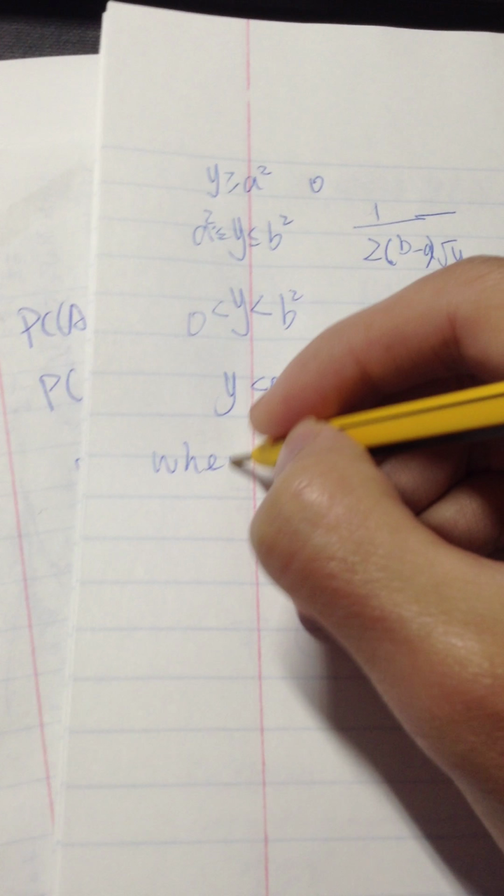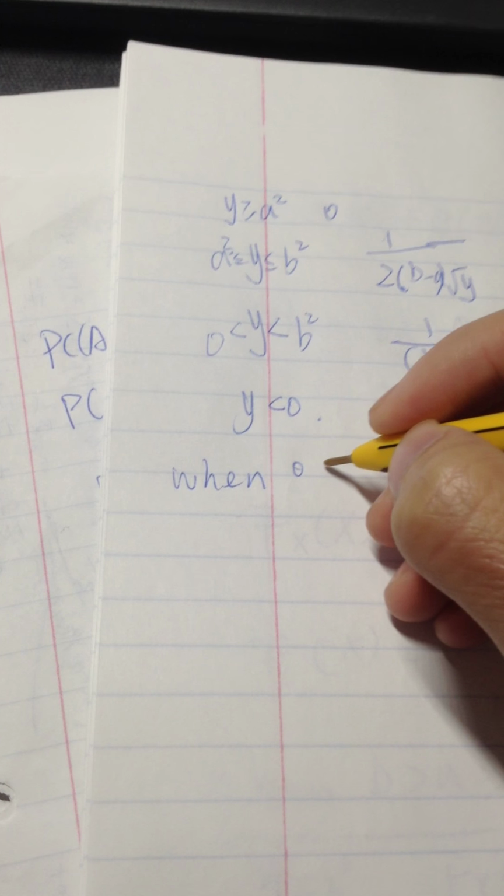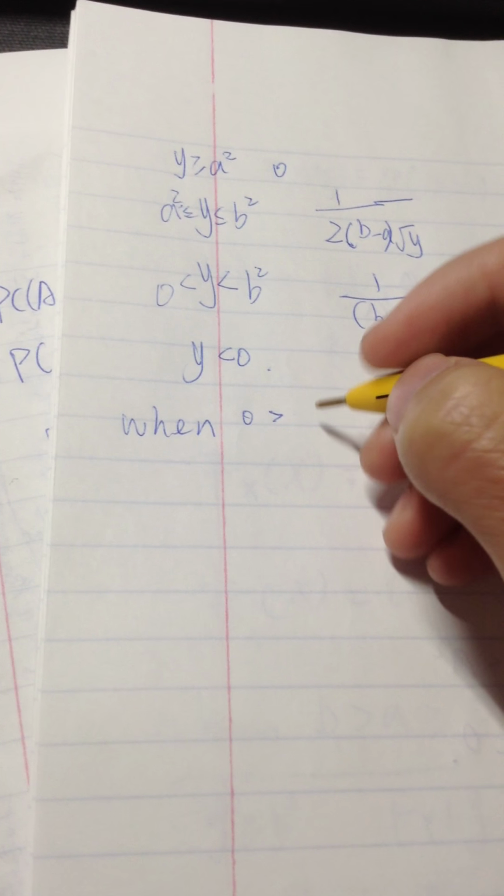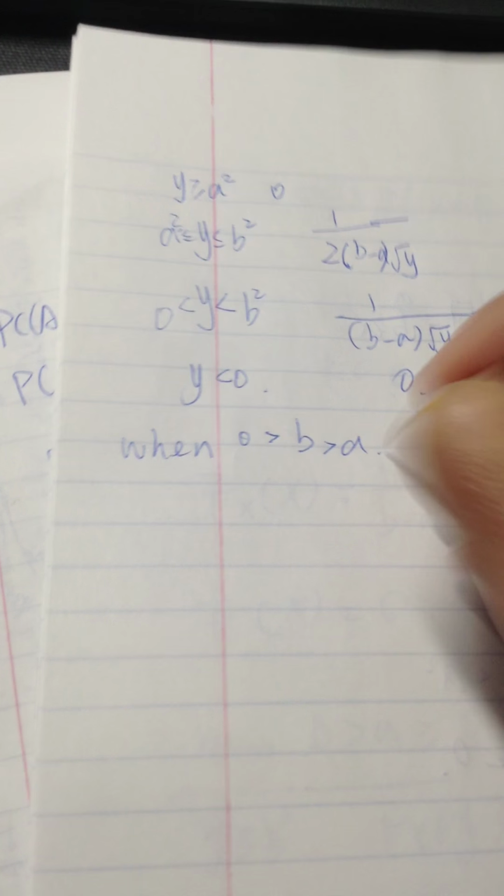Then the final situation is when 0 is bigger than b, bigger than a.